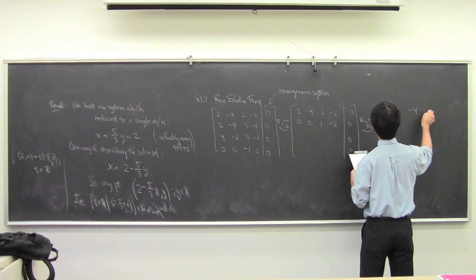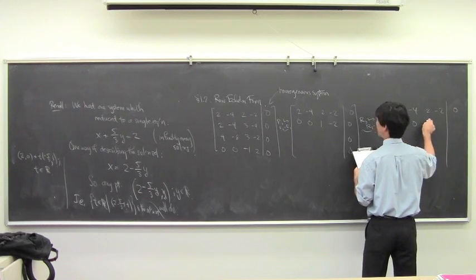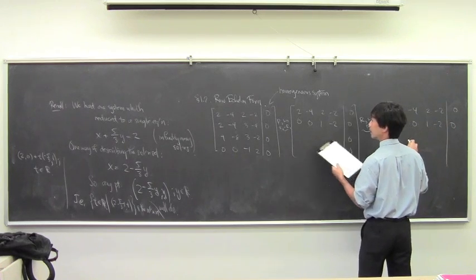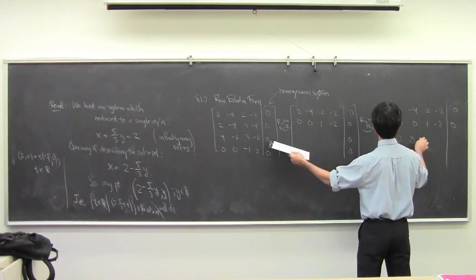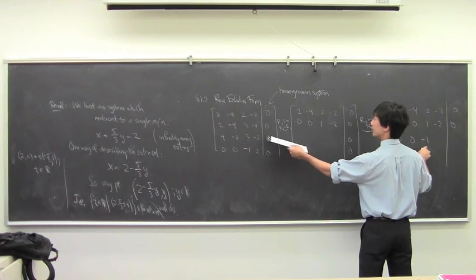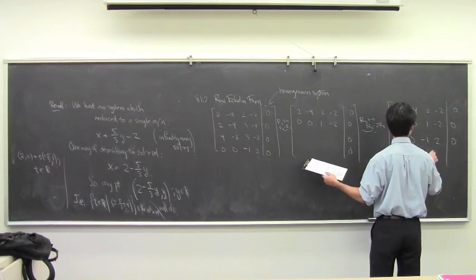That minus twice that is going to be 0, 0, and -1 minus 2, 0, 0, 0, 0.